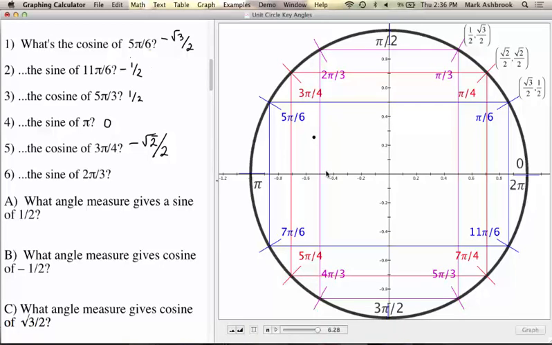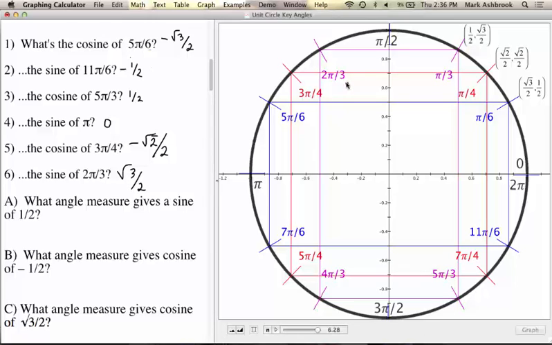And what is that vertical distance? So the vertical distance at that point on the circle is the same as the vertical distance at what other point on the circle? So therefore the sine is square root of 3 over 2.